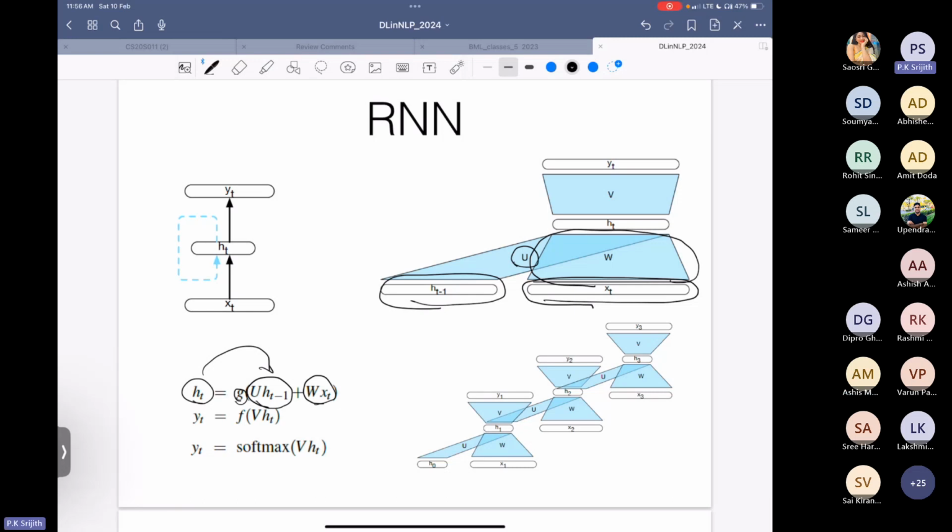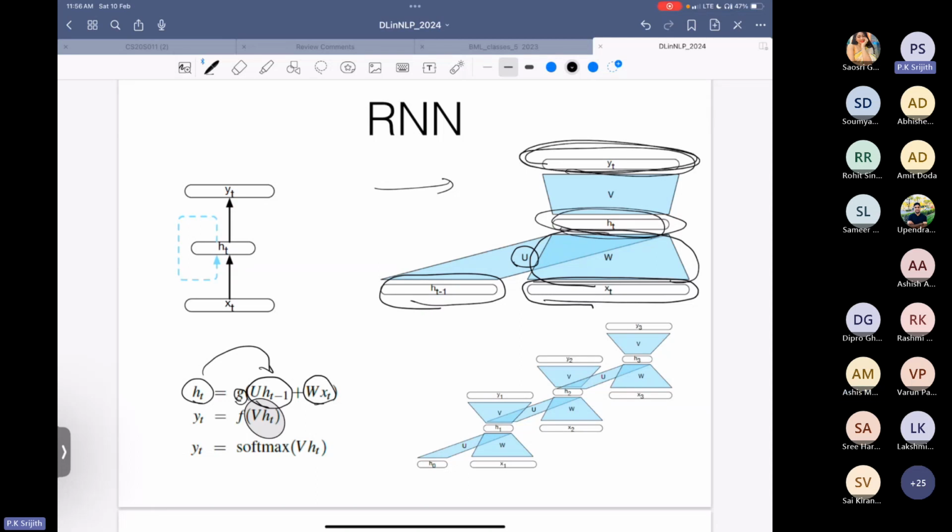And now, once you have these hidden representations, in this example I'm just considering a one-layer recurrent neural network where you just have one layer of transformations, and this hidden representation is then multiplied with another vector V, and then it is used for getting the probability distribution over the outputs.